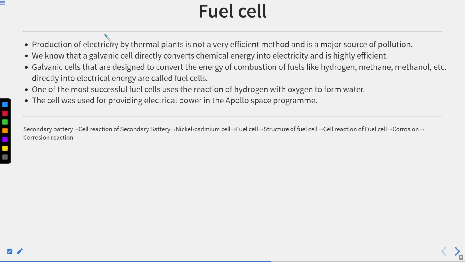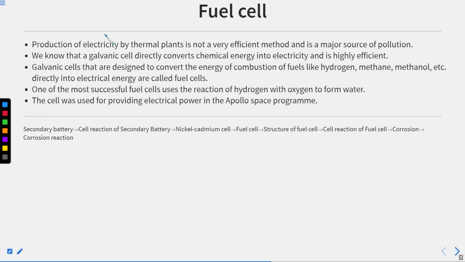Galvanic cells designed to convert the energy of combustion of fuels like hydrogen, methane and methanol into electrical energy are called fuel cells.